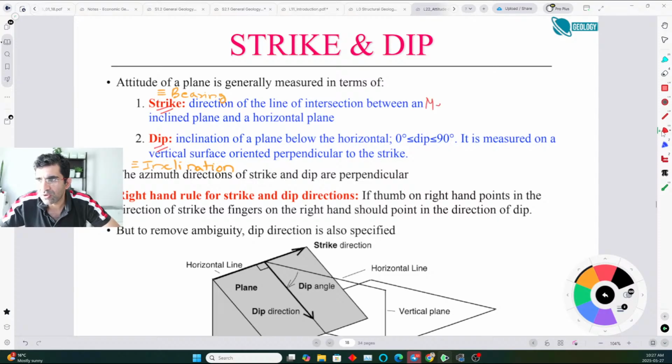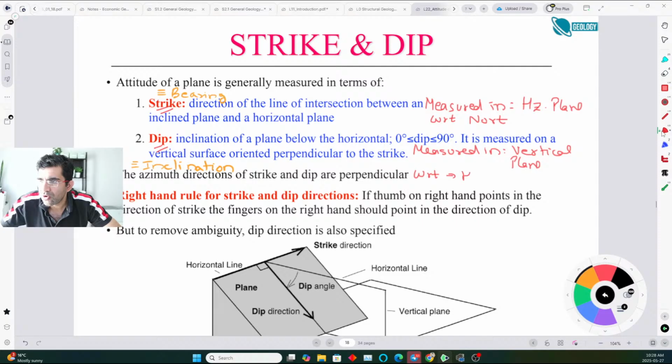So strike is measured in the horizontal plane with respect to north. Dip is measured in the vertical plane and with respect to horizontal.